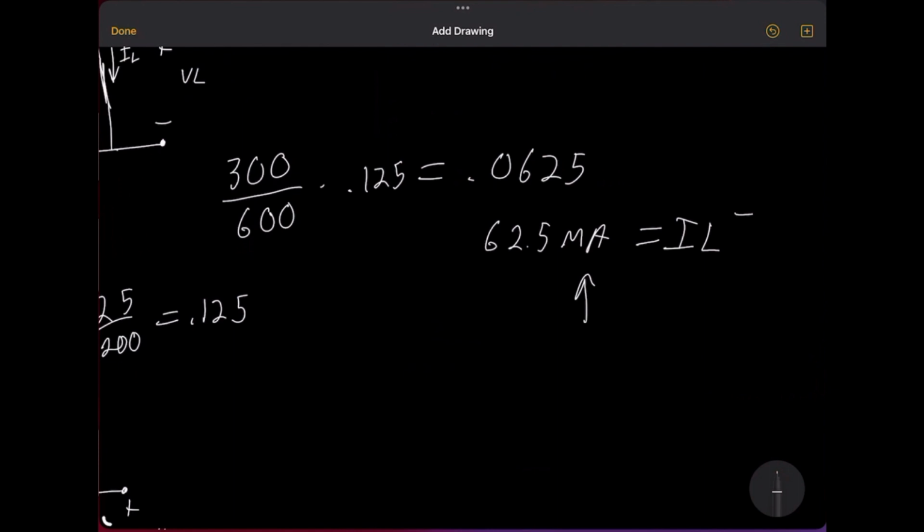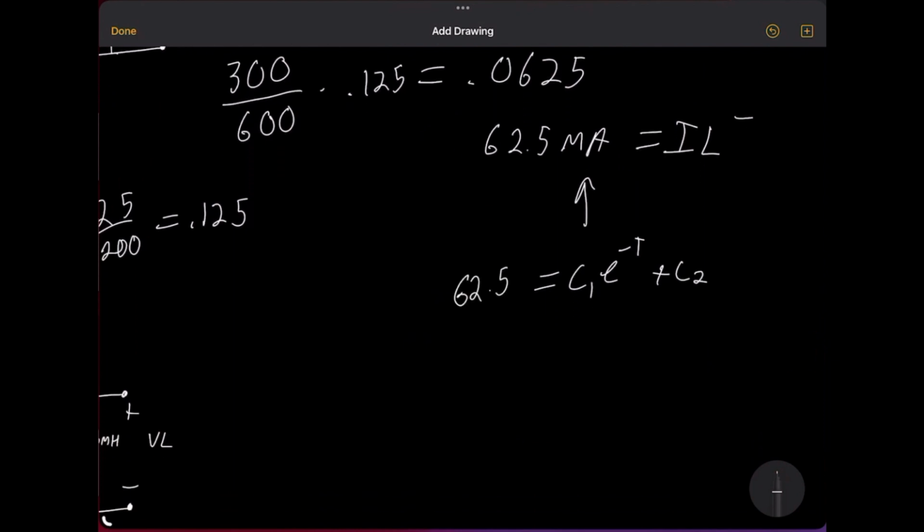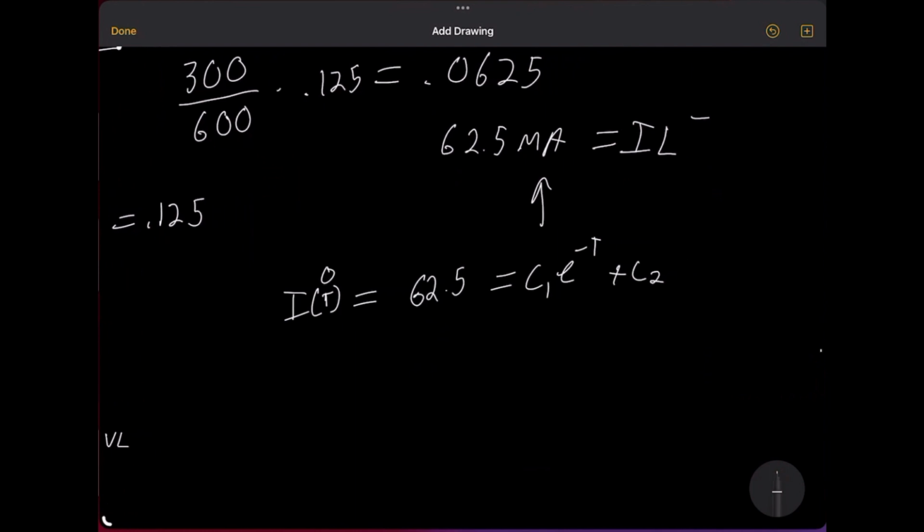So if we were to end up solving for a system of equations, like you have your C1 e to the negative t plus C2, right? At I0, it'll be equal to 62.5. And then this would be your I of t, which is I0. You can plug in 0 to solve for your C1, your constants.